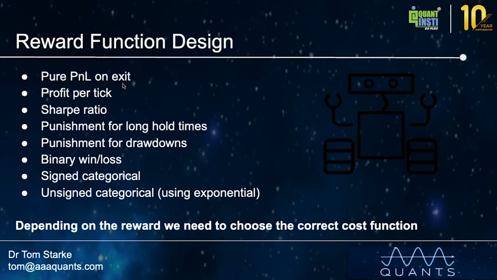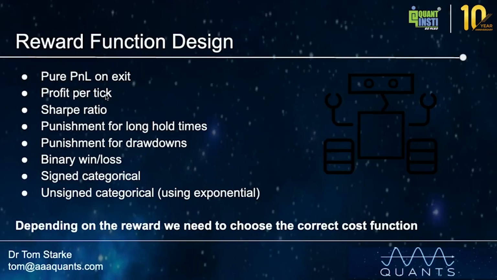But sometimes this is not really what we want. Perhaps we want to trade a lot more. So another reward function we could choose is, rather than pure P&L on exit, how much profit did we make per tick. So rather than maximizing the total P&L at the end, we maximize the profit that we make at every time step.